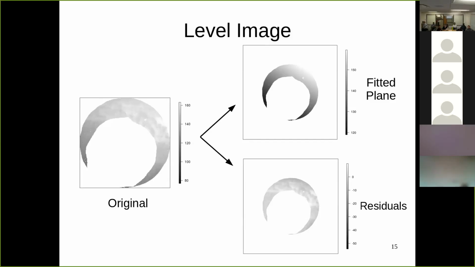How does that work? Yeah. So say it's tilted. You're just looking at reflections, right? So how do you know? Well, these are depth values. So you would know if it's tilted like this. So you fit a plane like this, and then you take the residuals, and the remainder, the residuals, will become horizontal.